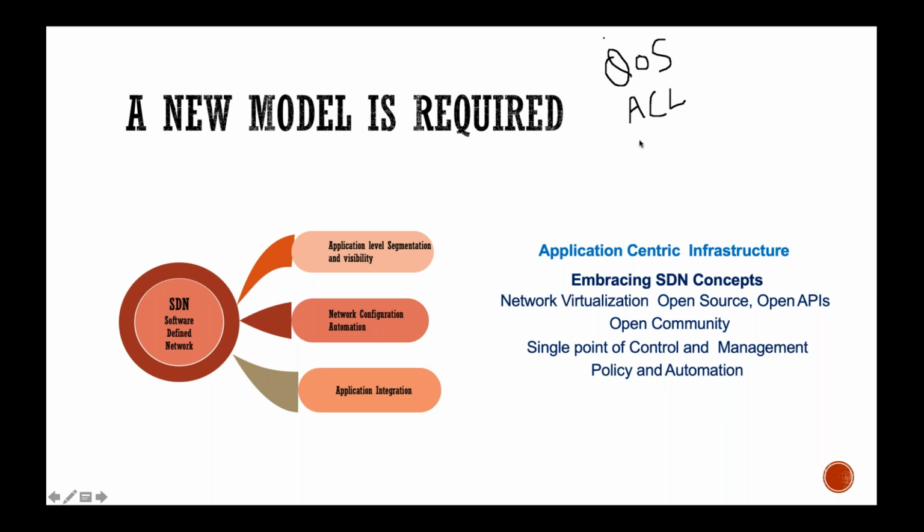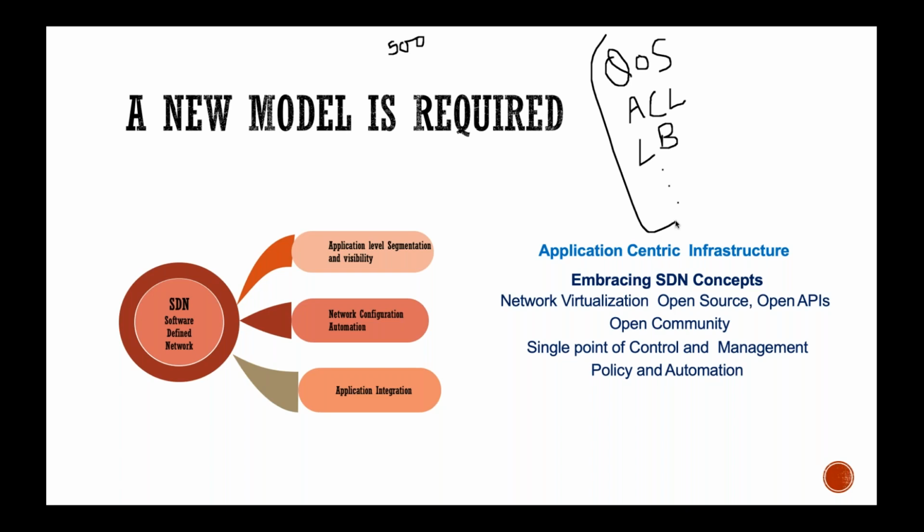Then we have some load balancing mechanisms configured, and so on. We have a number of different types of policies. Now I have 500 boxes in my network, and I need to go into each and every individual box and configure the same set of policies.